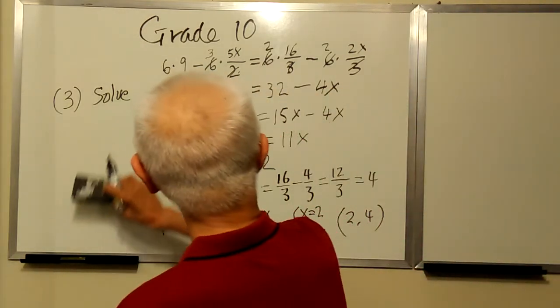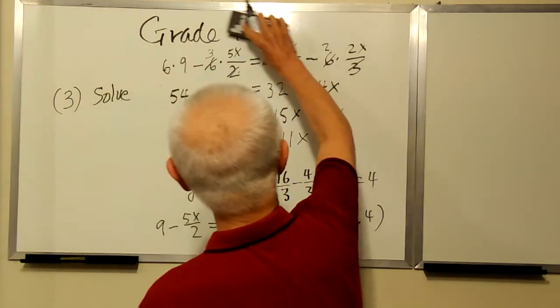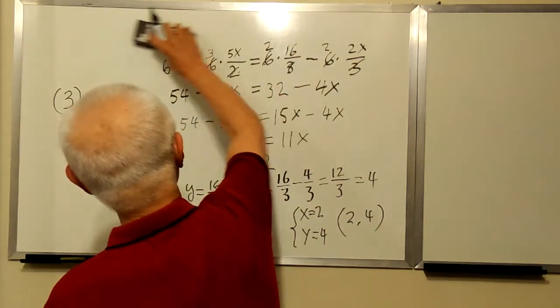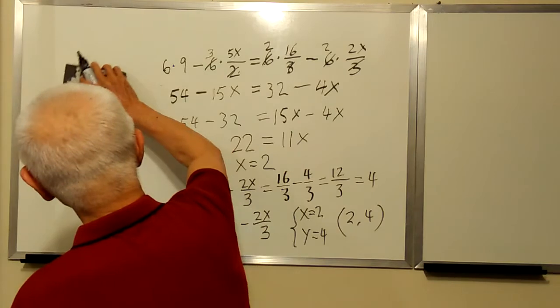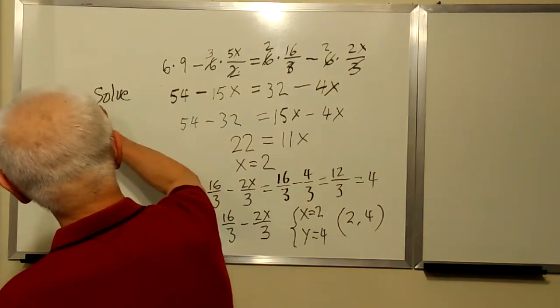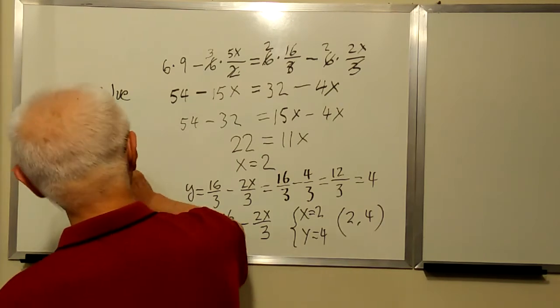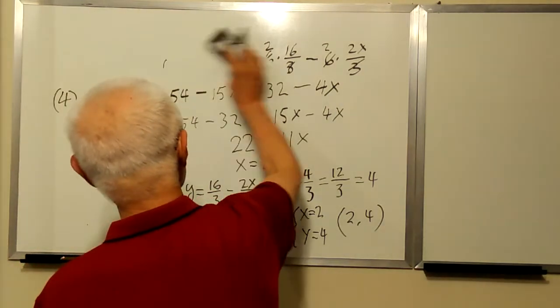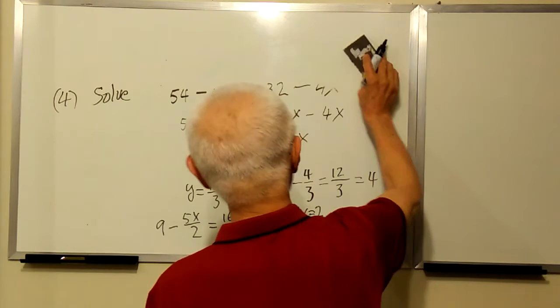Number 4 example. Okay. So let me erase this grade 10 to give me more space. So number 4. Number 4 looks a little different from what we have so far.